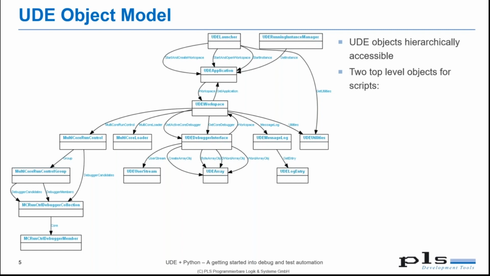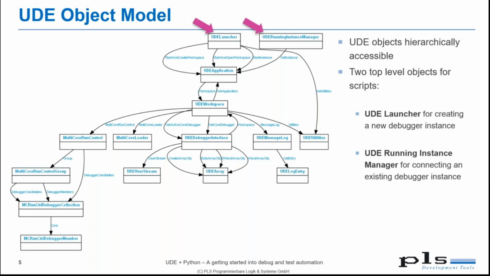At the very top, there are two objects that are used in all the scripts as a starting point. The first one is the UDE launcher that is used if you want to create a new debugger instance. So this is what you will use to start the UDE.